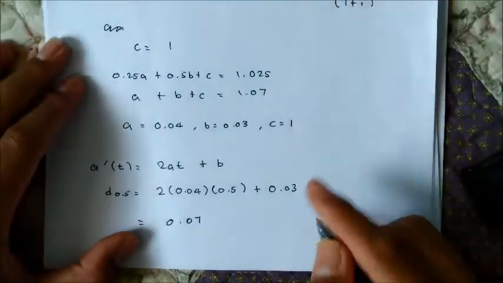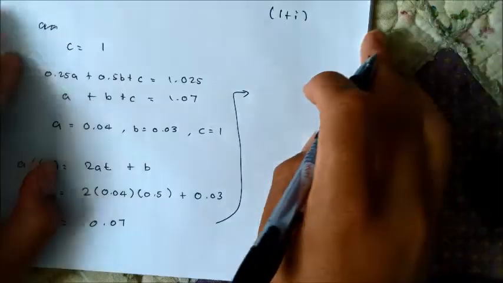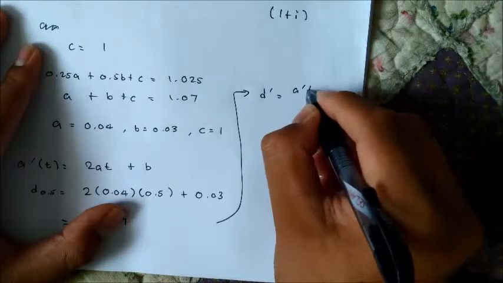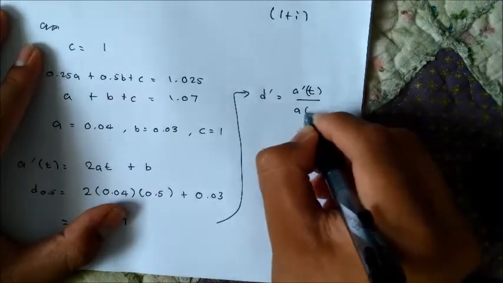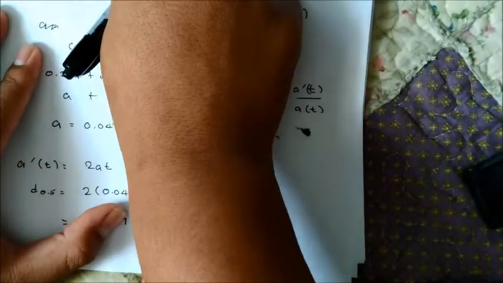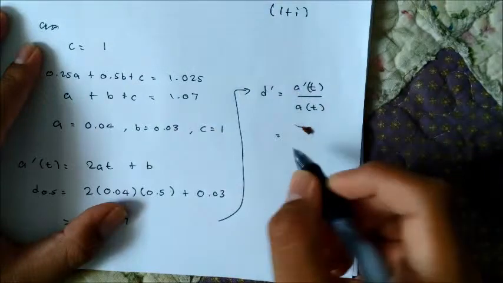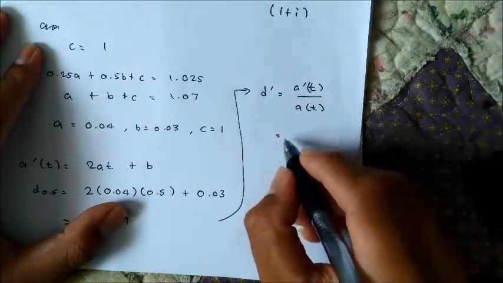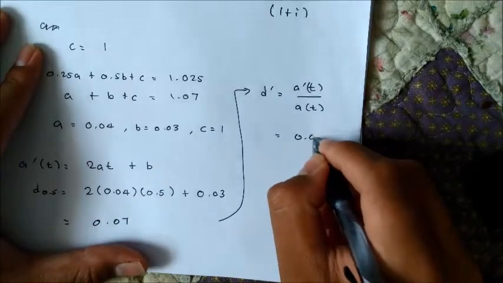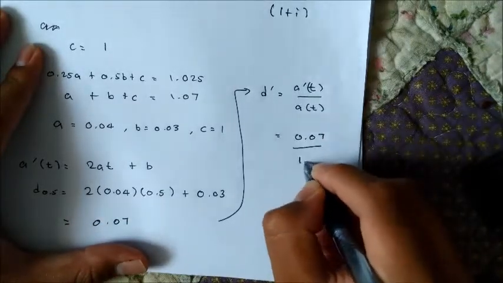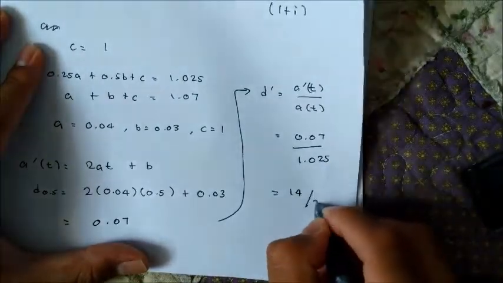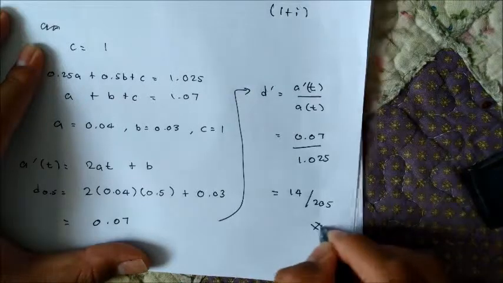I forgot to remind you that delta is equal to the derivative of a(t) over a(t). Since we are using 0.5 from the question above, the answer is 0.07 over 1.025, which is equivalent to 14 over 205.